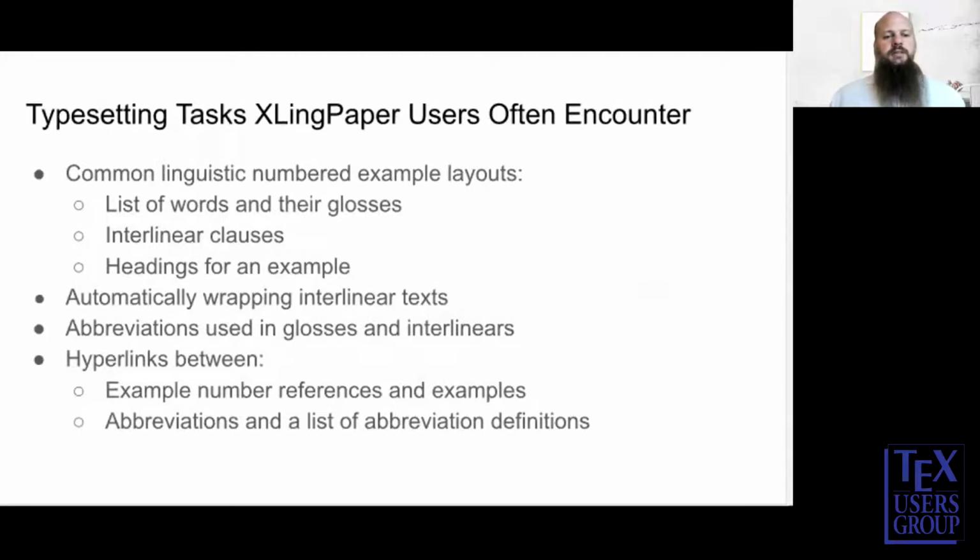The common tasks that are supported by XLingPaper are lists of words and their glosses, interlinear clauses, headings for an example, automatically wrapping interlinear texts, abbreviations used in glosses and interlinears, and hyperlinks between example numbers and their links inline in the texts, so you can click between those.